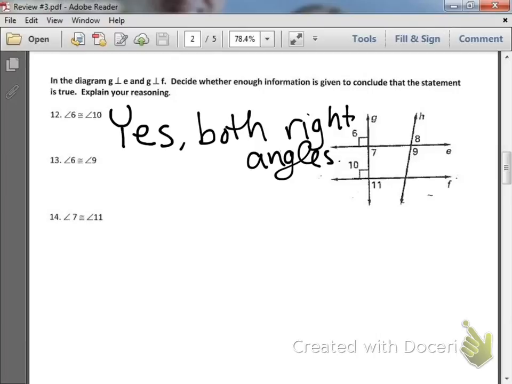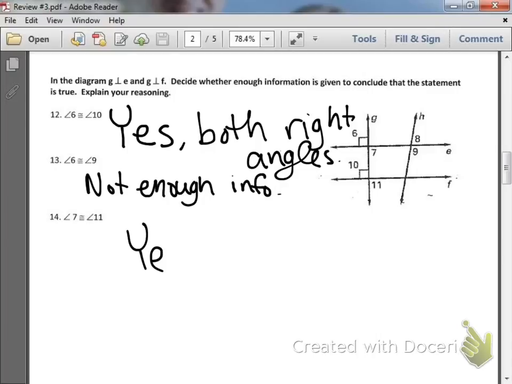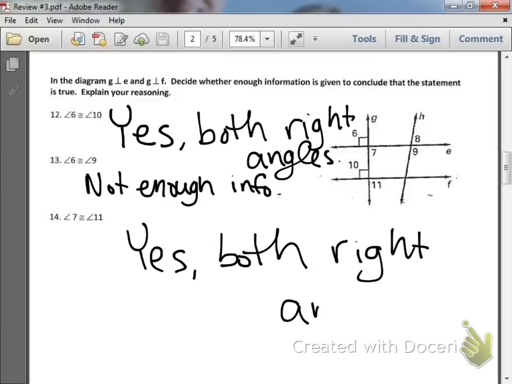Okay, angle 6 and angle 9. We're going to say not enough info. Next one is 7 and 11. Yes, and it's the same reason. They're both right. So this goes back to that theorem we learned, that all right angles are congruent. What are your questions on this section?